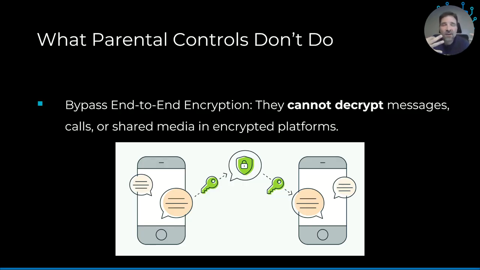So messages are encrypted, which means they are encoded and they cannot be broken into. So when your child is using one of these apps to communicate with another person, WhatsApp is one of them, you will not have access unless you have access to their account on WhatsApp. Okay, so standard parental controls will not have access to any of this.